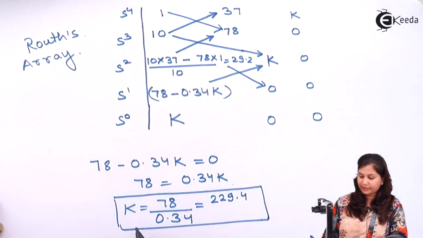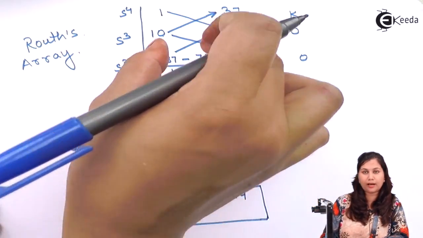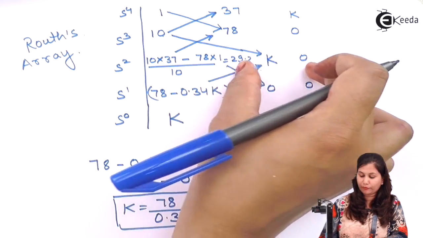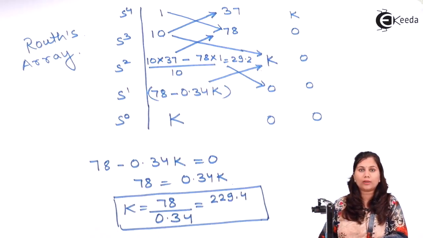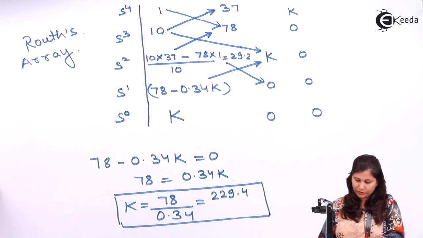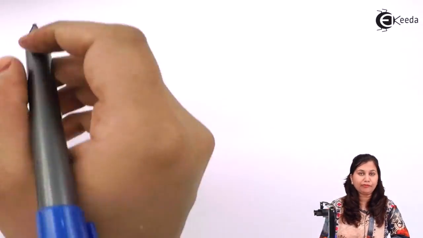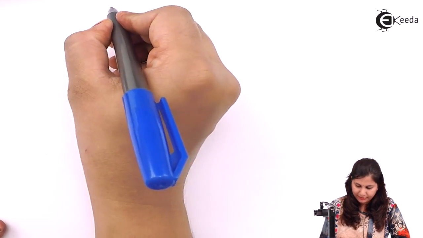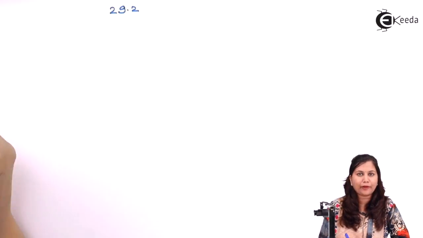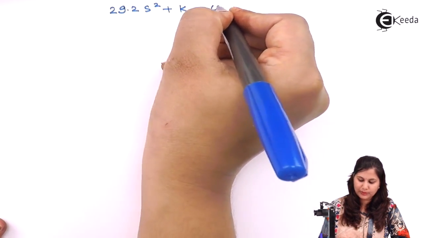Now we will find the subsidiary equation using the coefficients just above this, and we will form the auxiliary equation. So the auxiliary equation will be 29.2 s square plus k equals 0.